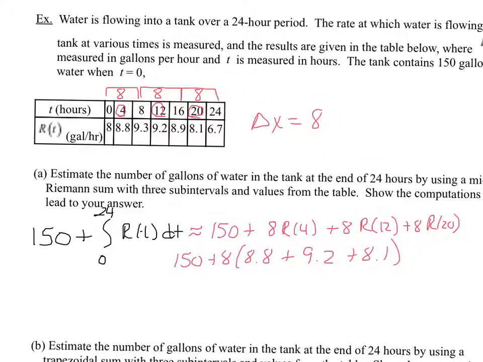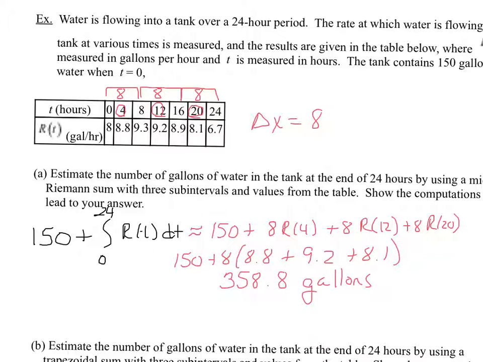Notice when it says show the computations, you need to at least have this. Okay, so how many gallons is that at the end of 24 hours in the tank? 358.8 gallons. Be sure you put what it is. And if you want to put gallons of water, that's not going to be bad either.